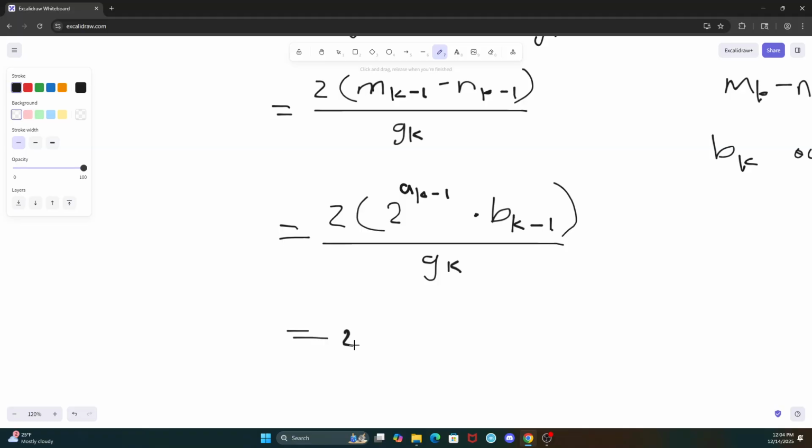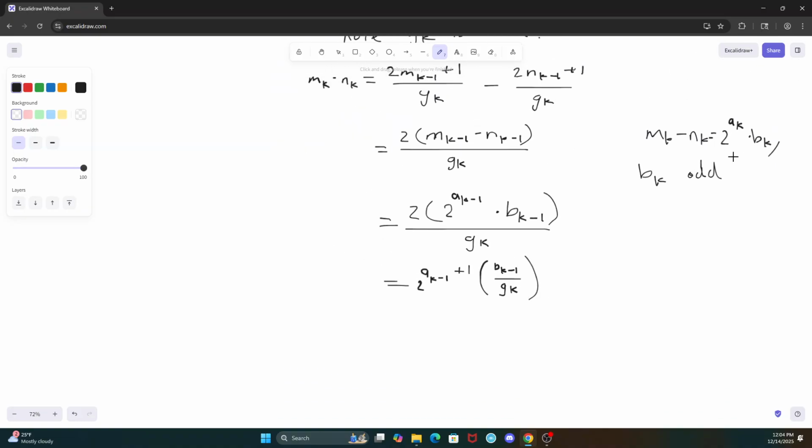So writing that out is 2 to the power a sub k minus 1 plus 1 times b sub k minus 1 over g sub k.